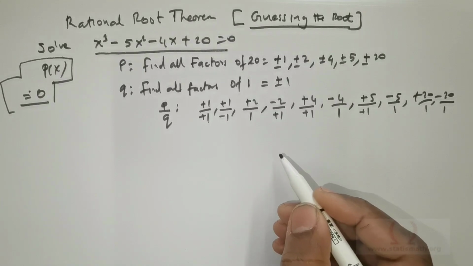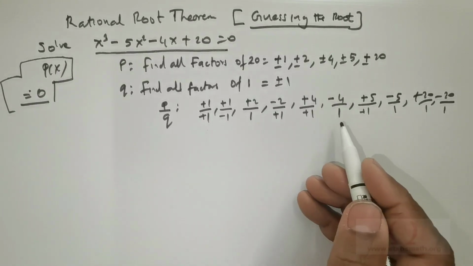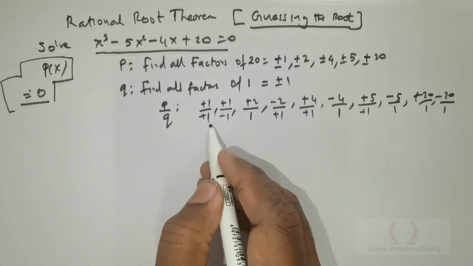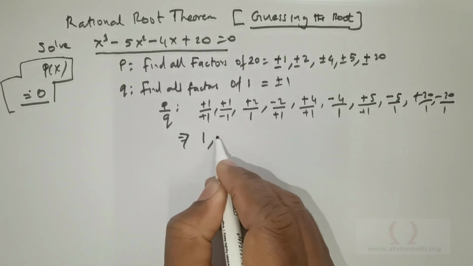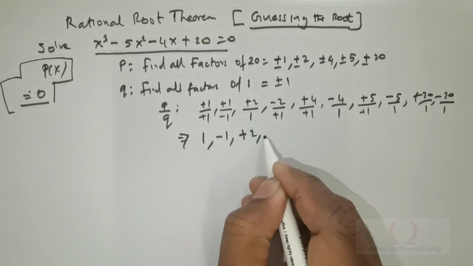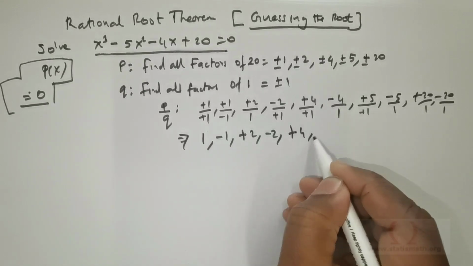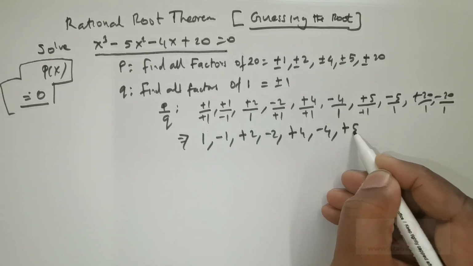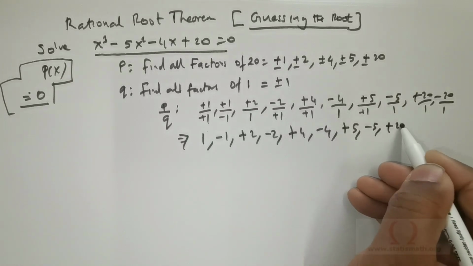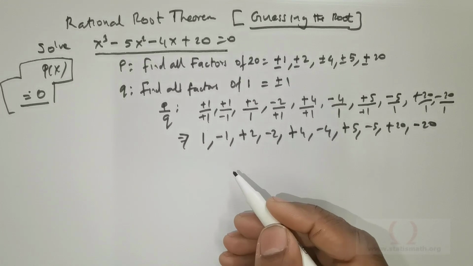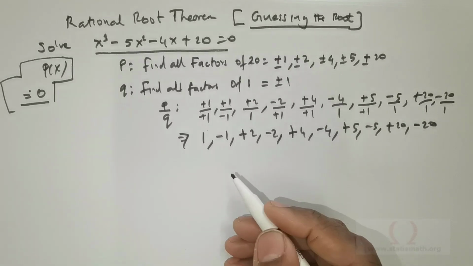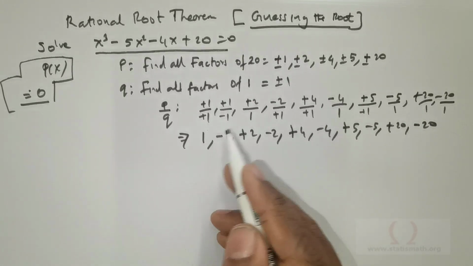Now, this is just guesswork. Rewriting this, the possible roots are 1, minus 1, plus 2, minus 2, plus 4, minus 4, plus 5, minus 5, plus 20, minus 20. These are the possible roots for the polynomial.